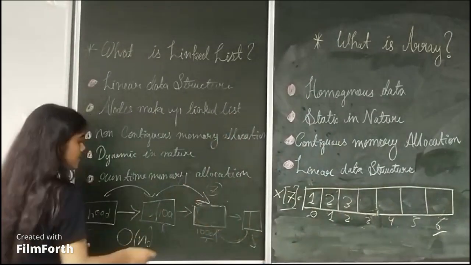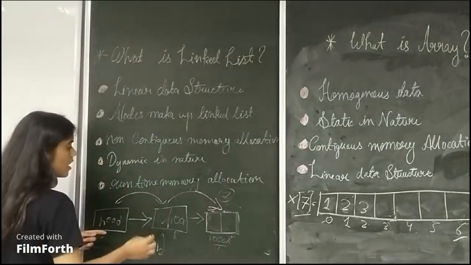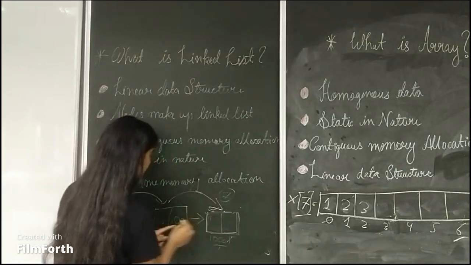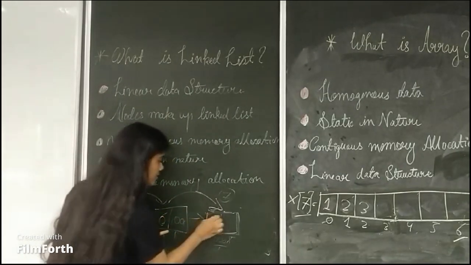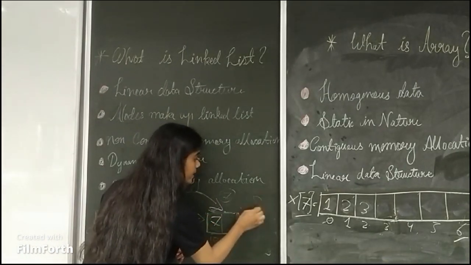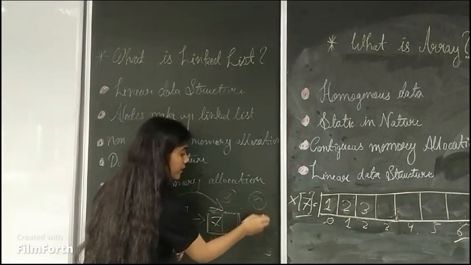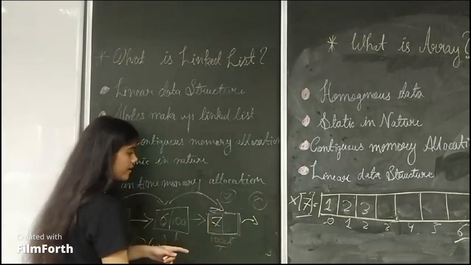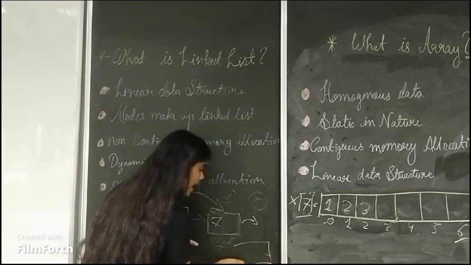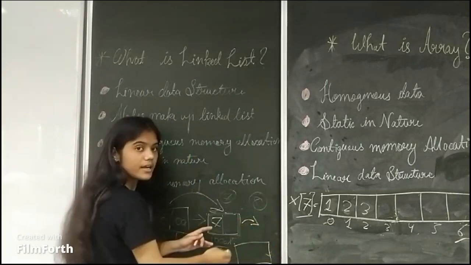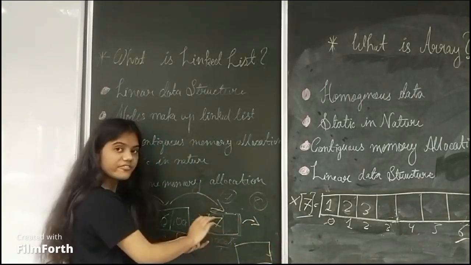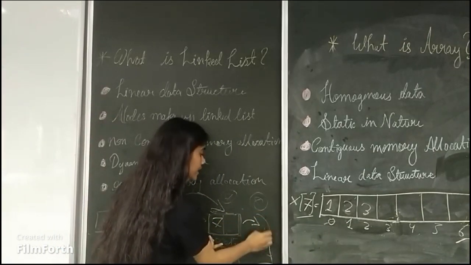Whereas in a linked list, suppose we have inserted a 6 over here and 7 over here. We need 8 to be inserted at the next node, and we do not have any present node over here. We can insert the node at run time.